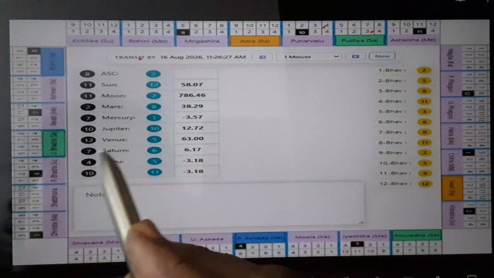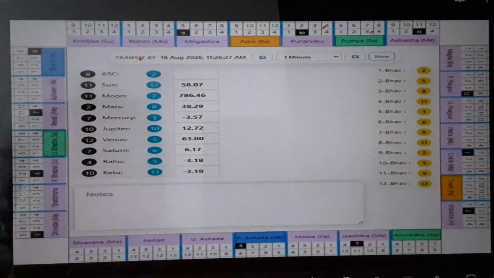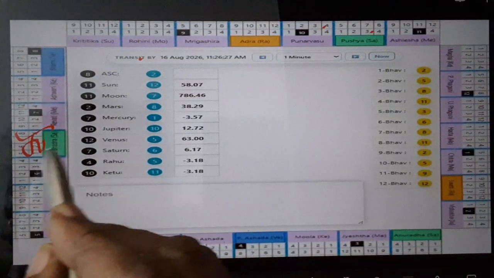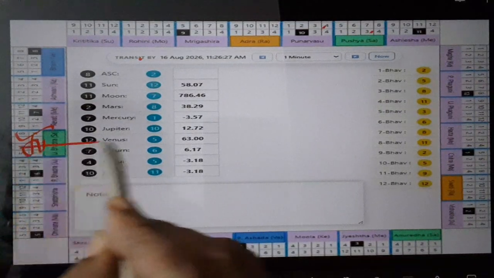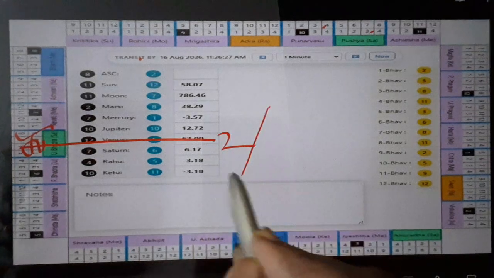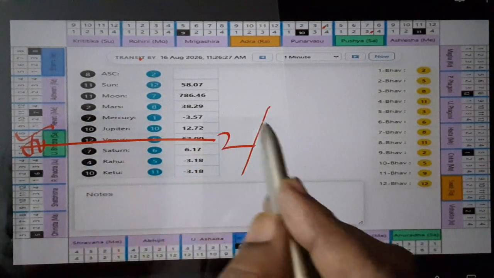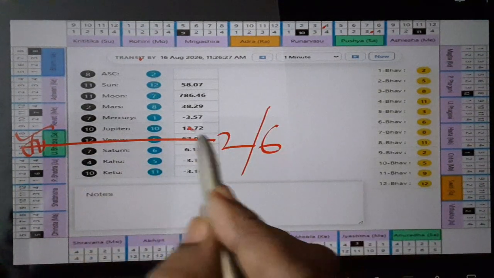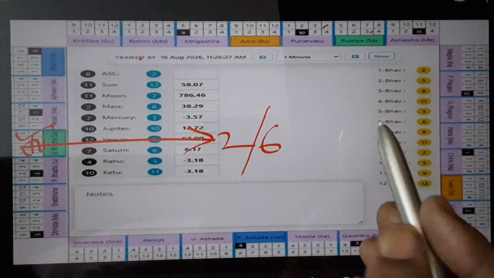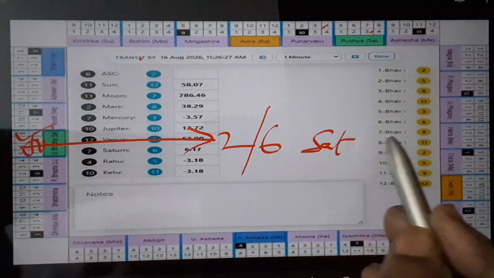Now let me take a random planet here occupying this position, which is say Jupiter is here for example, and he is occupying 2 and 6 position, and UB is Saturn star, Uttarabhadra.